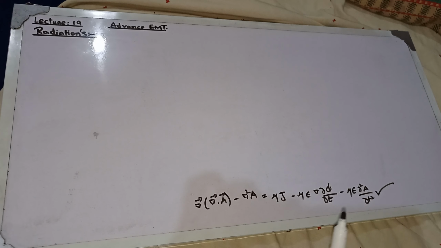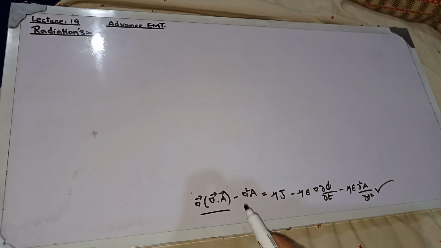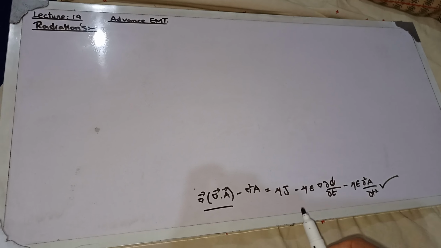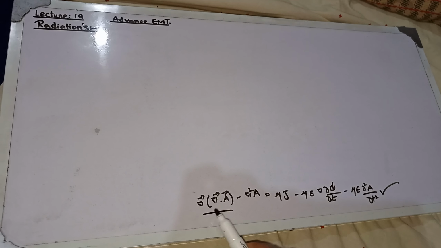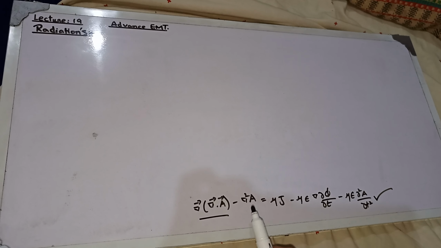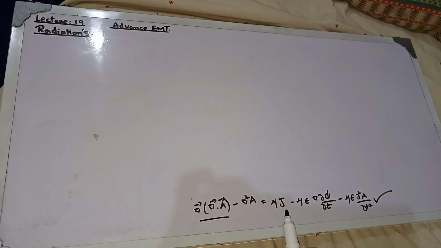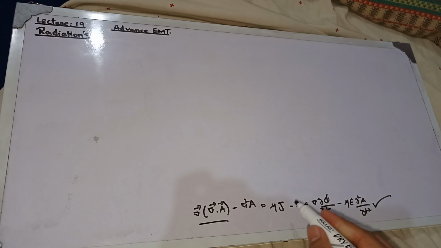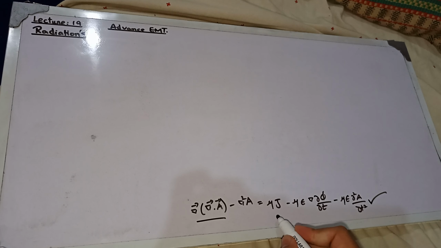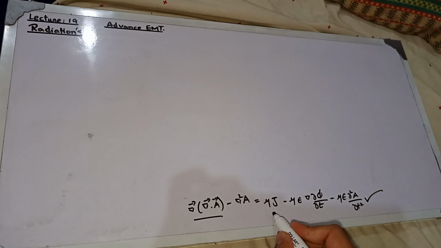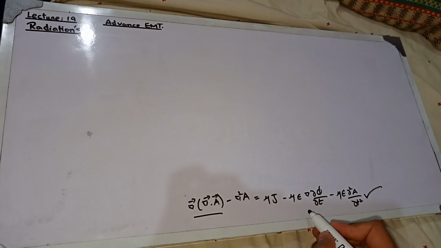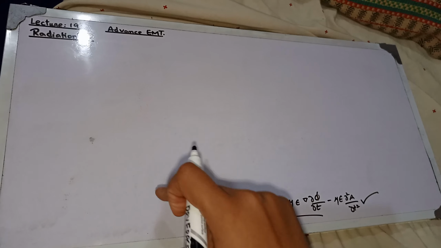Let's further proceed from this equation. What you have to do, just move this expression to the other side of the equals sign and take del common to the other side, and this remains here. You can move this equation to this side.